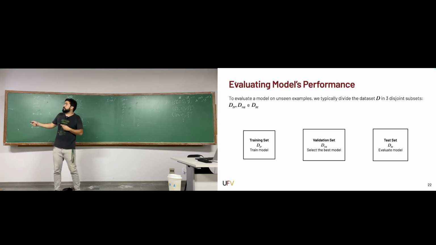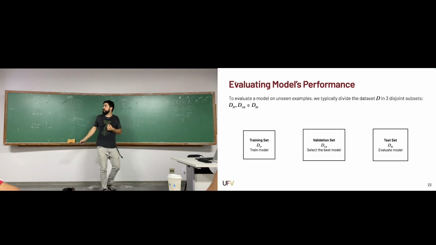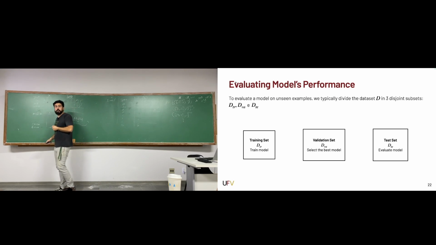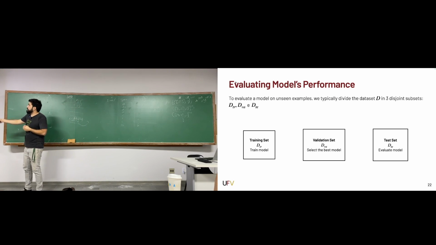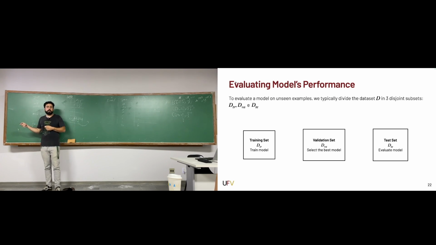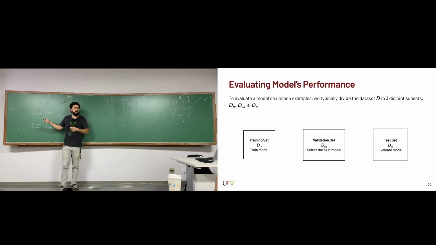I'm going to call them D_TR, D_VA, and D_TE, which stand for D-training, D-validation, and D-test. All of them are disjoint, so there can't be an example that is in one and also in another. Any example that is in the training set shouldn't be in validation or test. The same for each one of them. So they are disjoint.